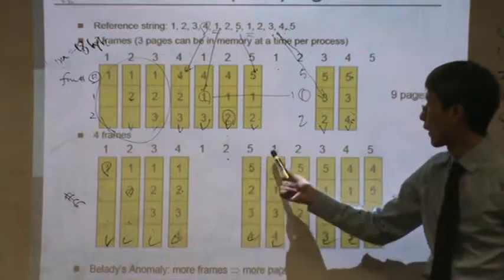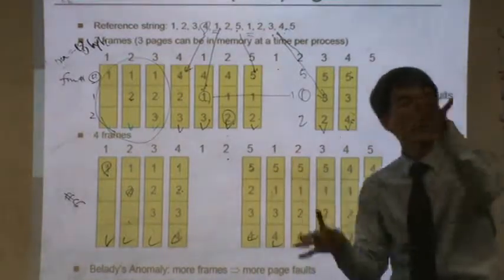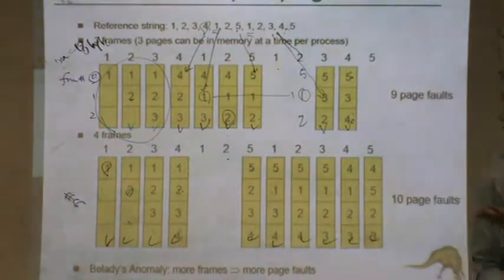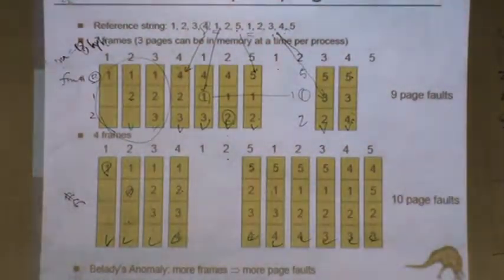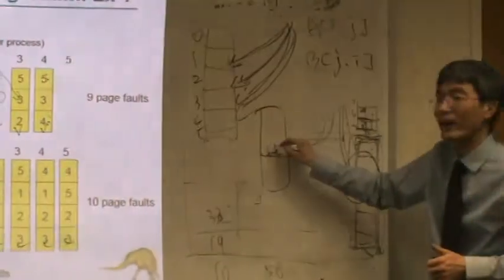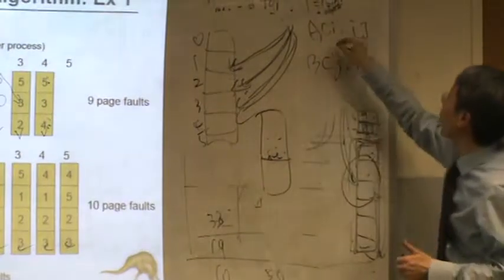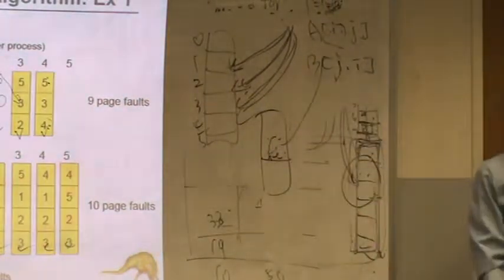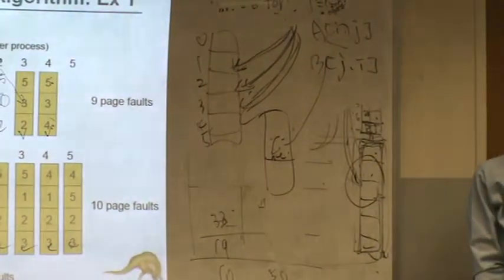So 1, 2, 5, 1, 2, 3. In this case, usually an array, so from the process, it's the heap size. Does a heap keep all the array of the data? No, definitely not.